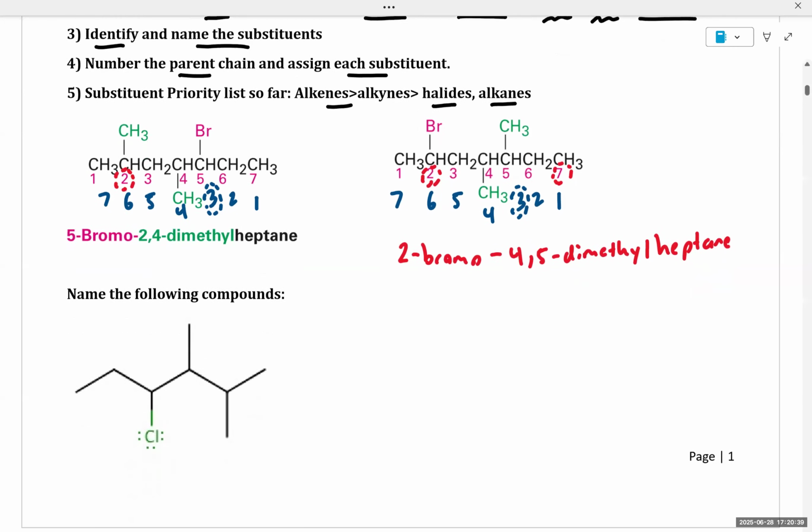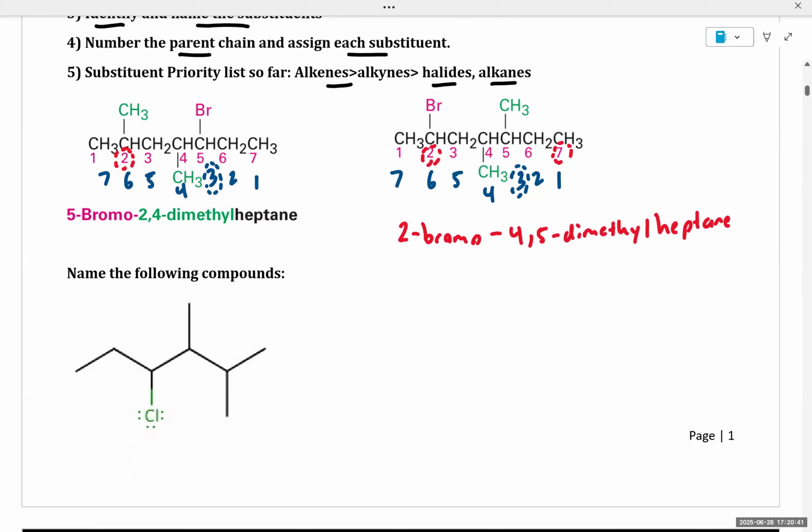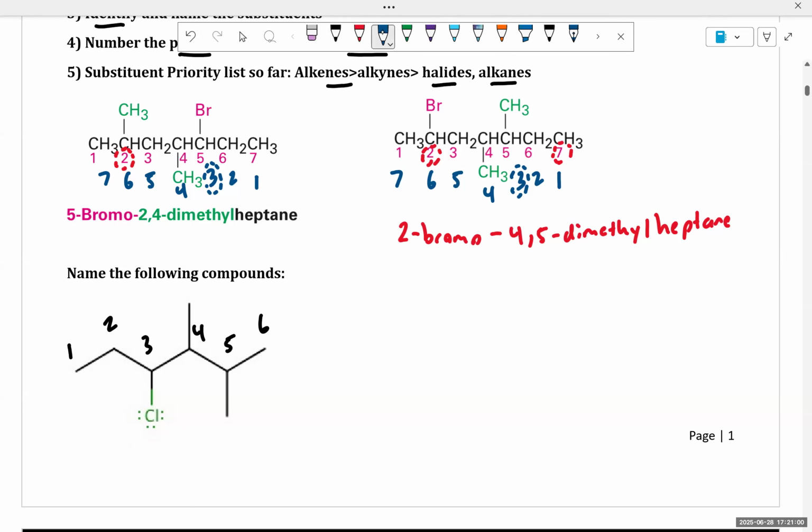With these examples in mind, I'd like you to try to name the following compound. So take a few moments, pause the video and work through this example, and then we'll discuss. So in this case, let's look at our two possible numbering methods. We can number from left to right, or we can number from right to left.